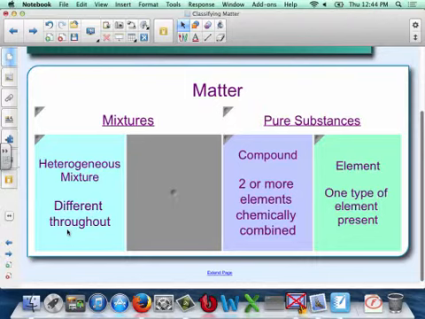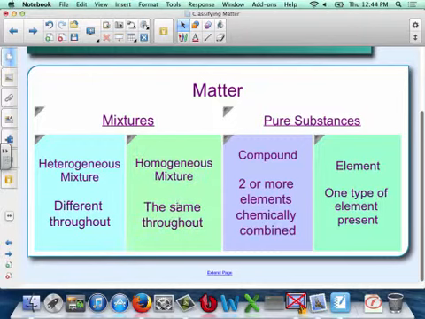What's the other type of mixture? Homogeneous. What that means is the same stuff throughout the entire thing. Give me an example of a homogeneous mixture. Milk is not. Milk is something special called a colloid. Salt?